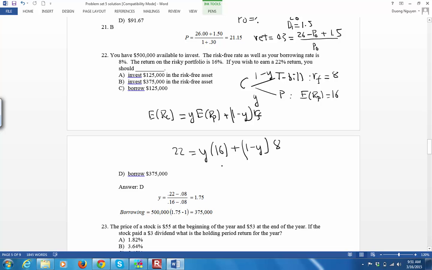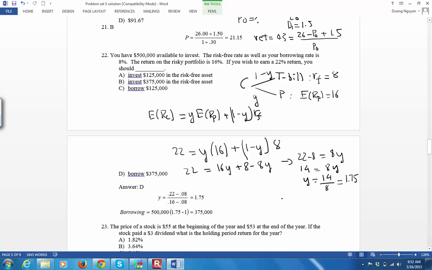So you solve the equation. Let's say 22 equals 16Y plus 8 minus 8Y. So 22 minus 8 equals 16Y minus 8Y, which is 8Y. So 14 equals 8Y, Y equals 14 over 8, which is 1.75, equal to 175%.